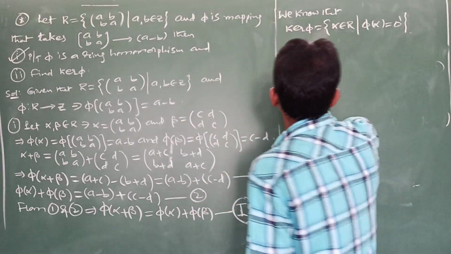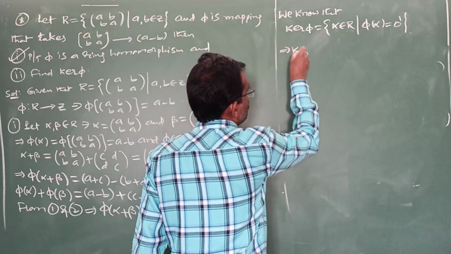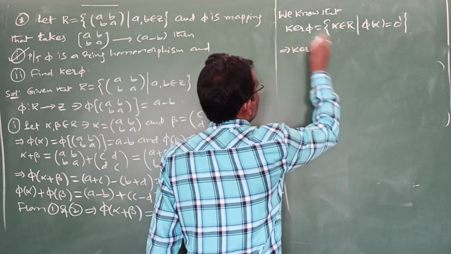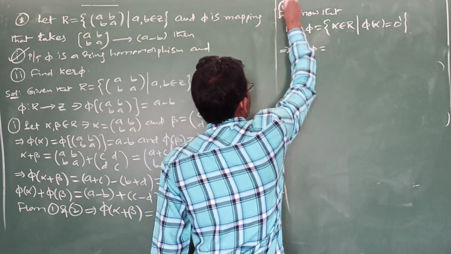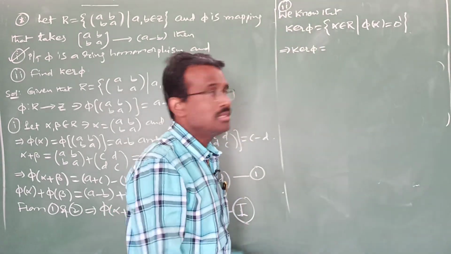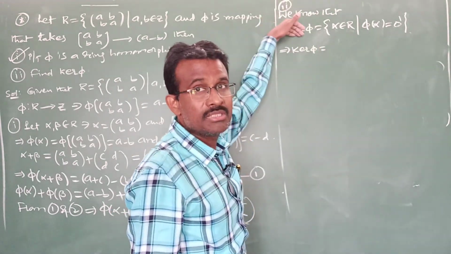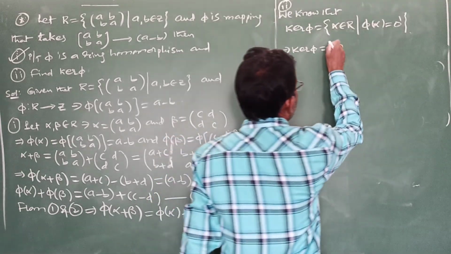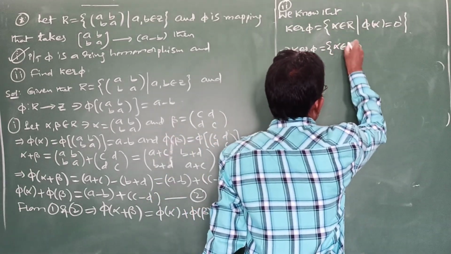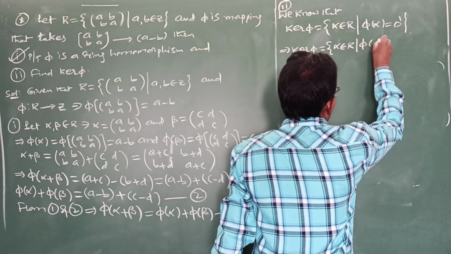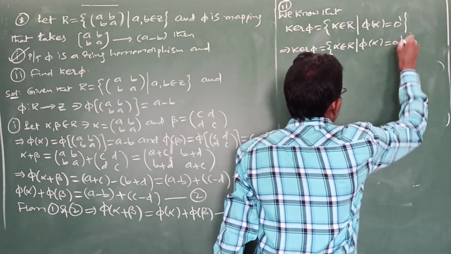I mean this relation we can reconstruct like this. Kernel phi is equal to, this is actually bit number 2 in our question. Kernel phi equal to the set of alpha belongs to R such that phi of alpha is equal to what? 0, right?